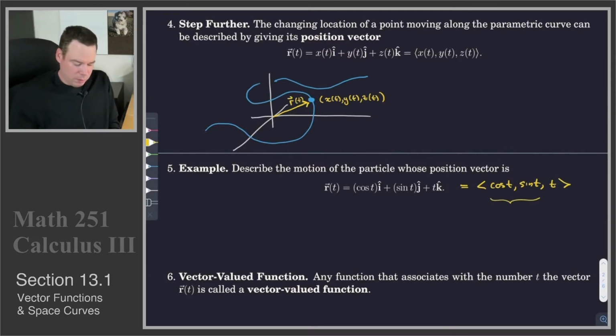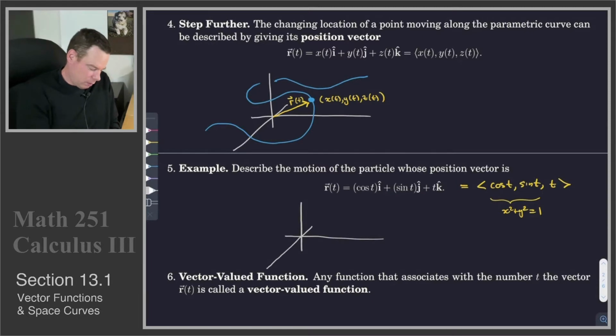And again, what we get here is that x squared plus y squared is equal to 1. So this is in some sense circular in nature in the x and y coordinates, but the z value is increasing as t increases. So let's maybe start at when t is equal to 0, we're out here at the point x equals 1, y equals 0, and z is equal to 0.